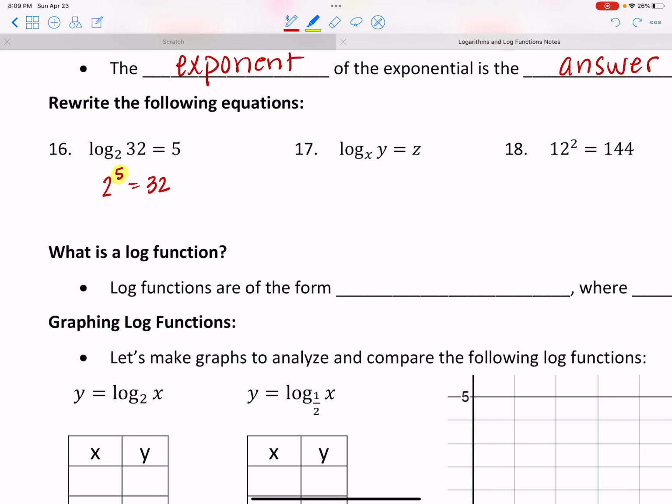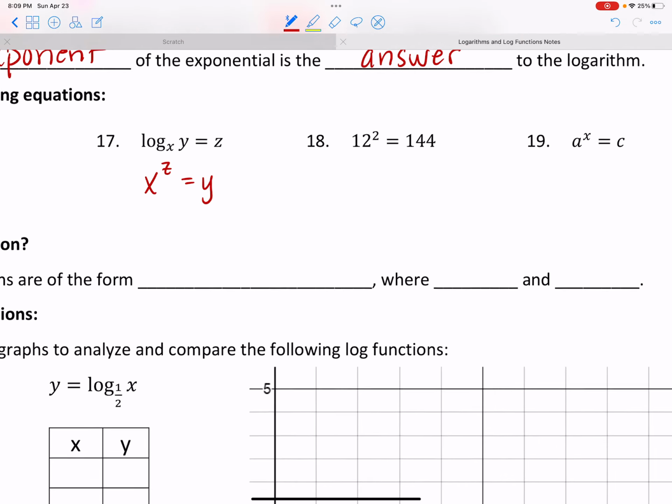So 5 is the power that connects the base of 2 with the argument of 32. Okay? Now if it's a little more generic, then you have to remember, again, the base is the base, and the exponent here was the answer here. So if the log base x of y is equal to z, it's because x to the z power is equal to y. Okay, we're going this direction.